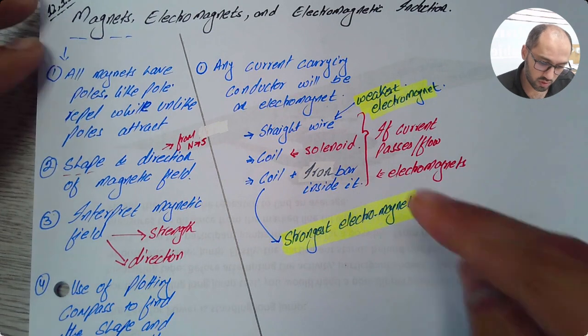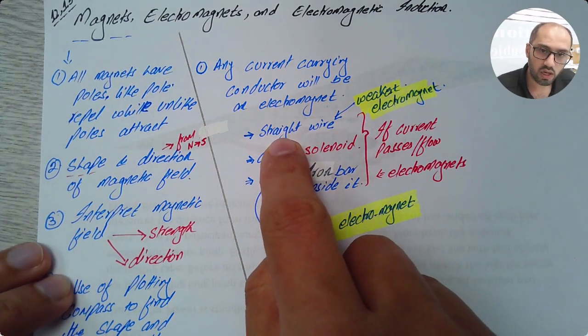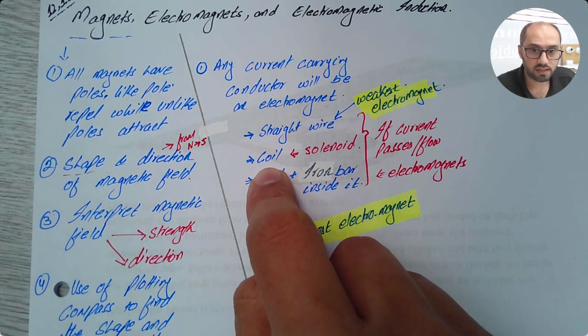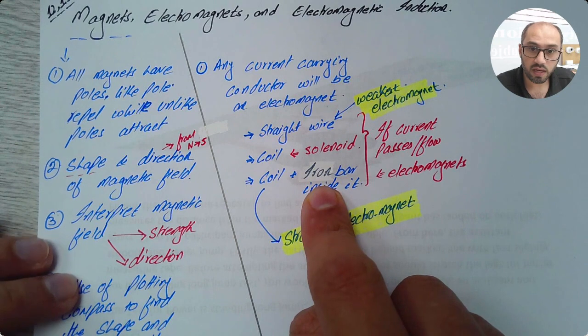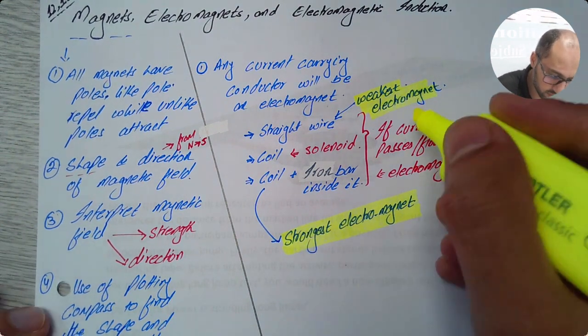So if I want to increase the strength of the magnet, I'll have to change it from a straight wire into a coil. If I want to change its strength by an even bigger factor, then I'll have to use an iron bar inside it. But I did mention something more here, that is about the current.